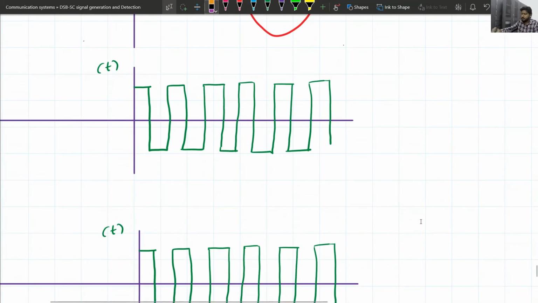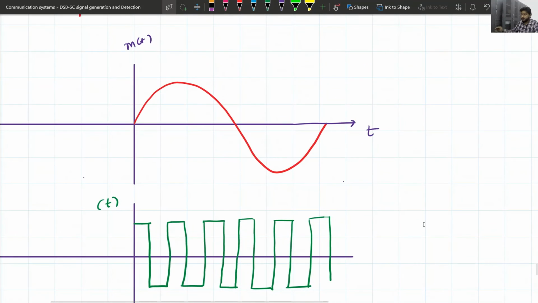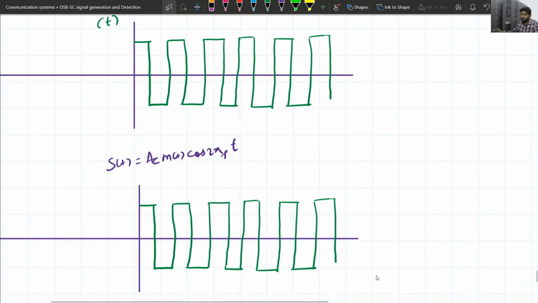Now ST is given by AC into MT times cos 2 pi FC T. Now this is our message signal, and both MT and CT are being multiplied, that is ST is MT multiplied by CT.